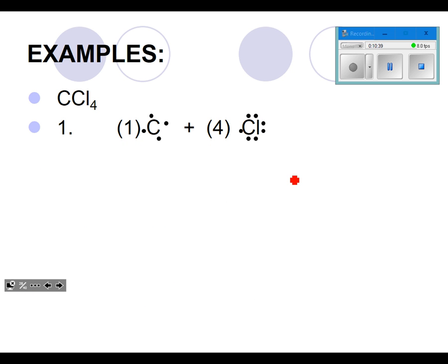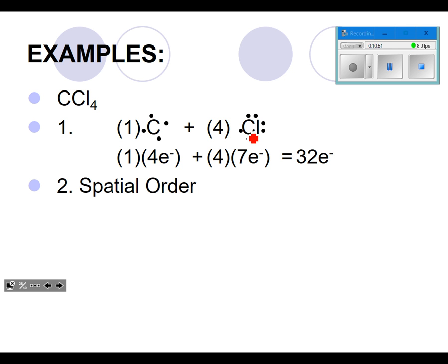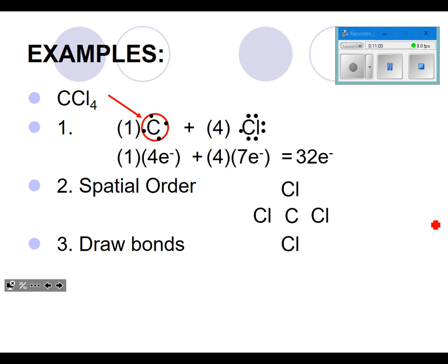Our next example, CCl4. Carbon has 4 valence electrons, chlorine has 7. So 4 plus 28 is 32 electrons. So we have to do spatial order. The smallest one is carbon, so it goes in the center, and we space the others around it. Step 3, draw your bonds, 1, 2, 3, 4, between the elements and the central atom.